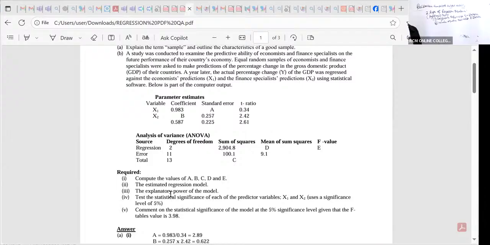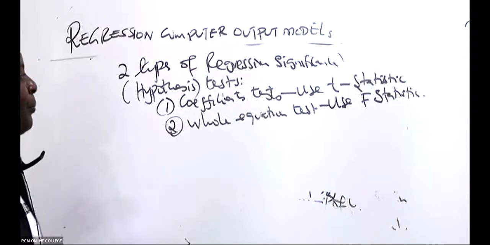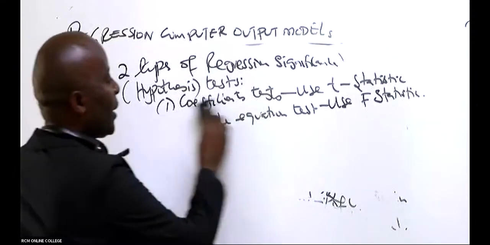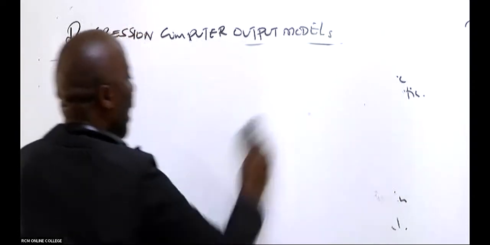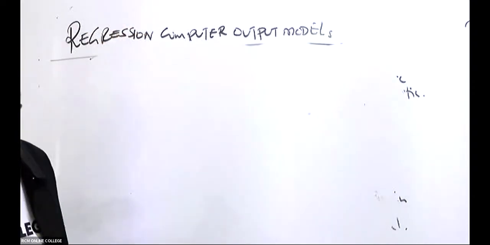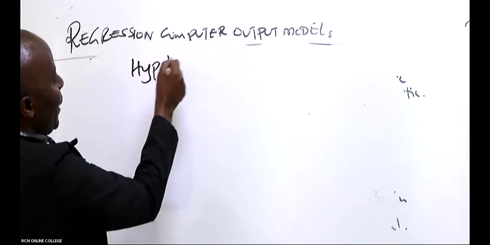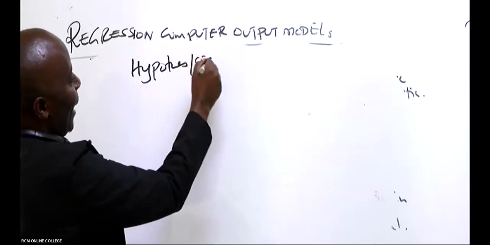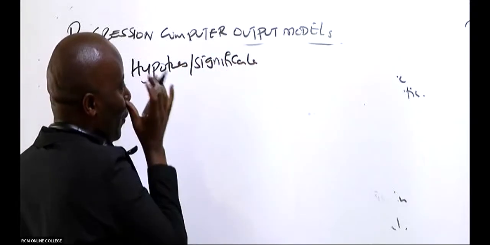So first of all, we handle number 4. What are we going to do in number 4? To be able to test, mention there a hypothesis test of variables, or significance test: how significant is this variable?